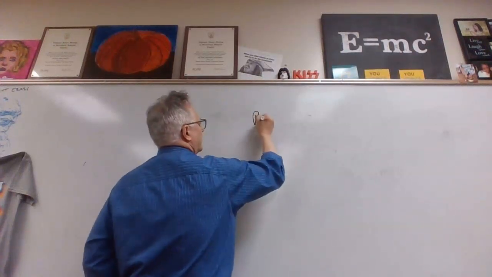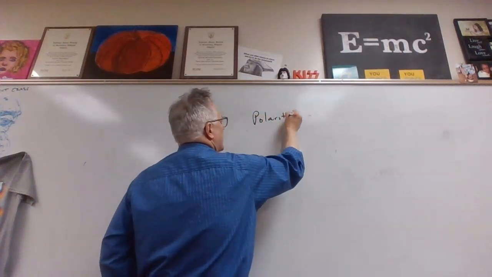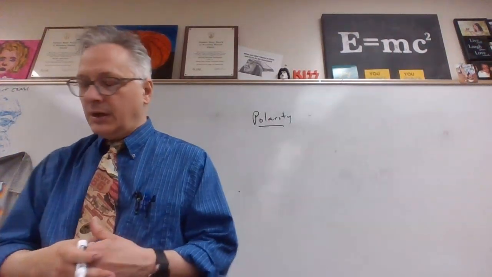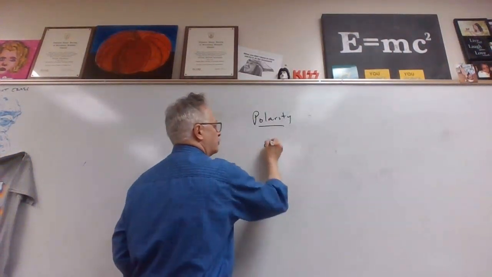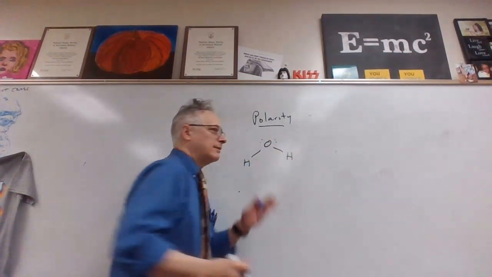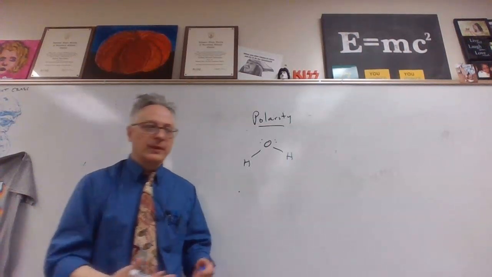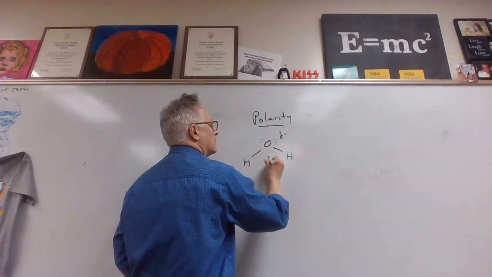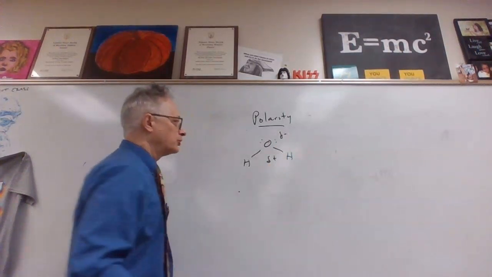We have molecular polarity. We talked about polarity of molecules, and I showed you some examples, for example H2O. We learned that H2O was very, very polar. Polar meant we had a charge separation, and that delta means partial charges.